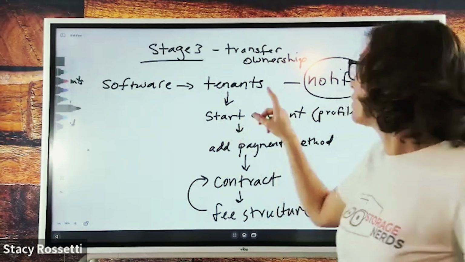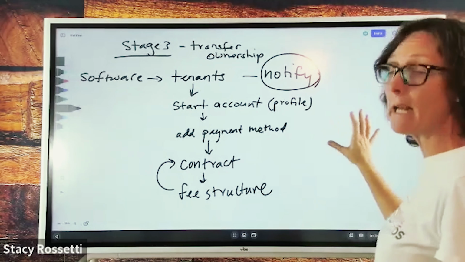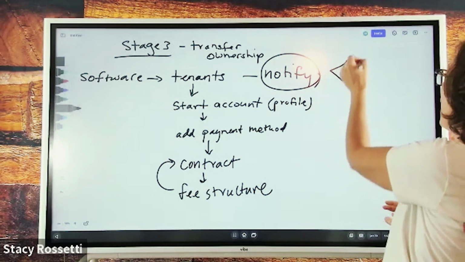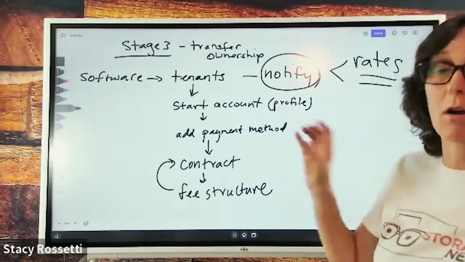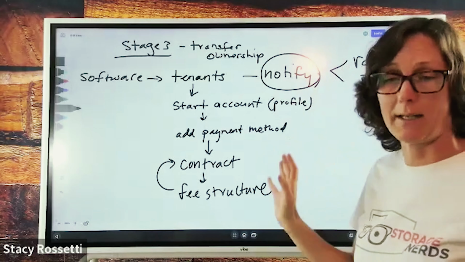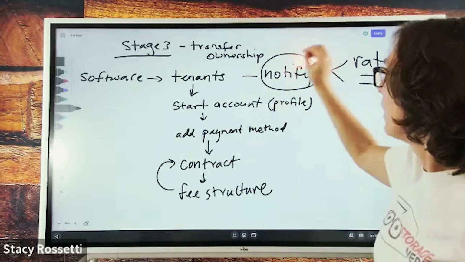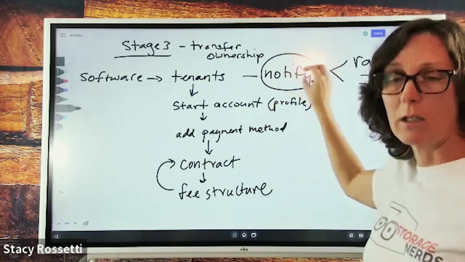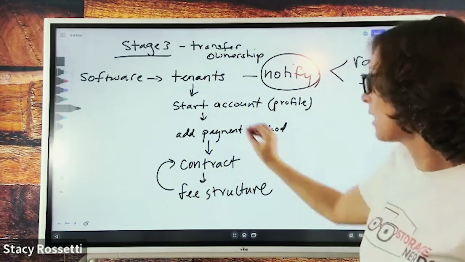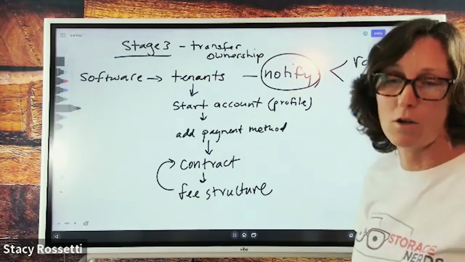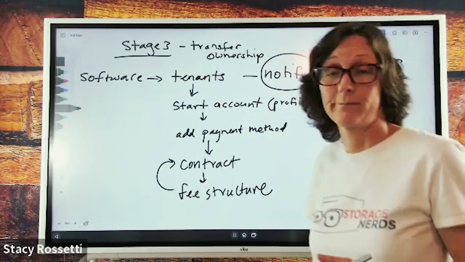And what's also important is that if you're going to raise rates immediately, you need to put that into your letter. Our rate changes are immediate. We rip the Band-Aid off. So you have to have your new rate structure in the letter of notification letting the tenants know that you're the new owners. You also have to have it in the fee structure so that you can get the contract signed. Whew, man, that's exhausting.